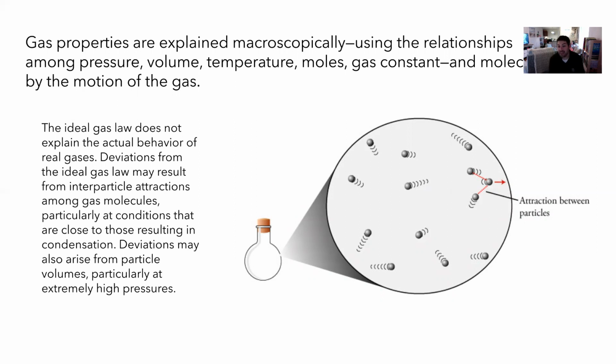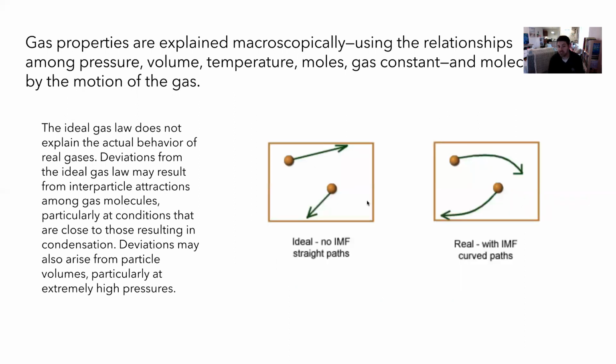If a gas begins to condense, it's switching from the gas phase to the liquid phase, and it's actually starting to have a noticeable volume now. So again, when we have no intermolecular forces, these gases move in straight paths, but when there is attraction, they'll kind of curve, right? And they kind of slow down each other, and so that's why sometimes we get a pressure less than what we would expect.